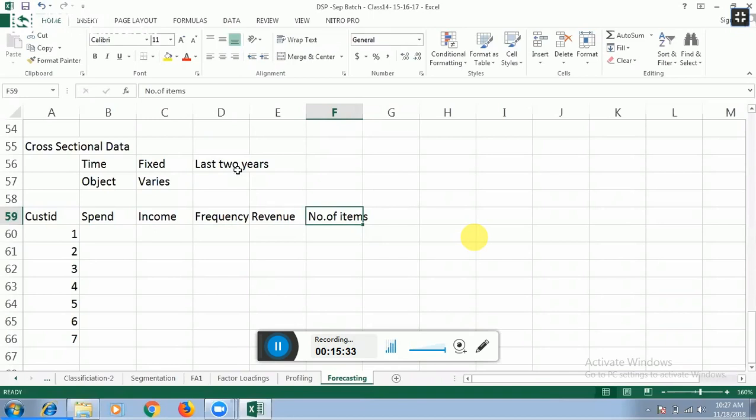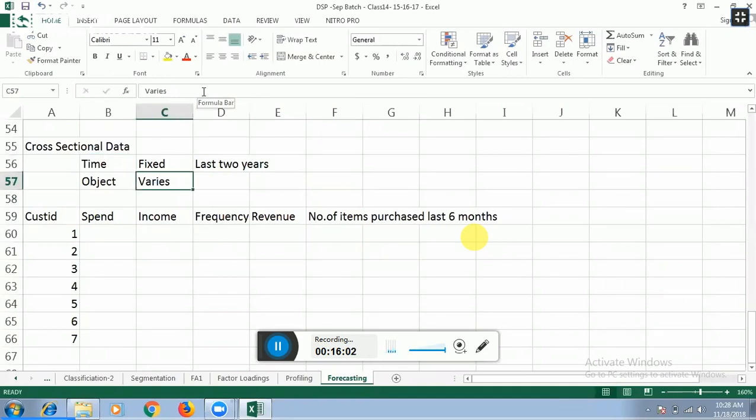Suppose it is the number of items purchased in the last 6 months. What does that mean? For this particular variable, across observations, you will use the last 6 months: what did this particular customer purchase in the last 6 months? So that is what it means that the time is fixed. For a given variable, the time is fixed.